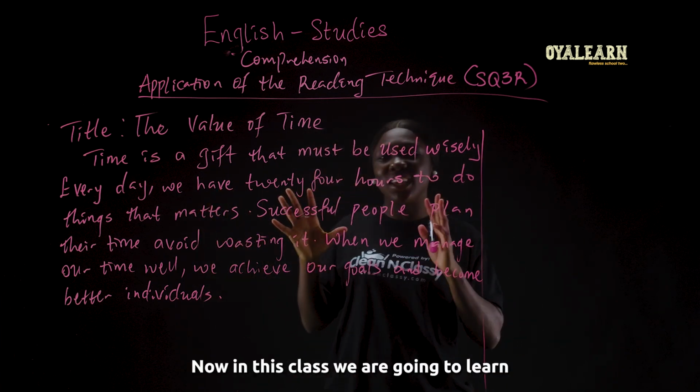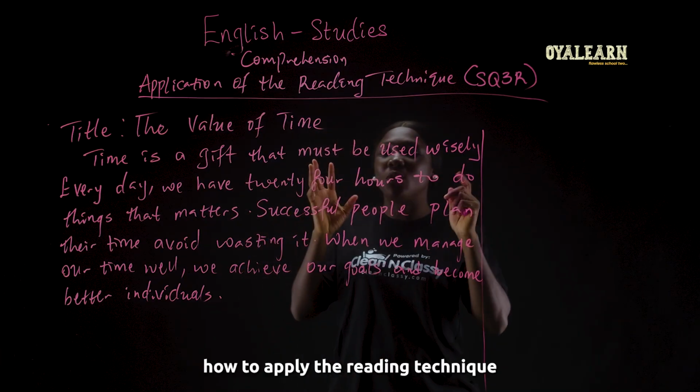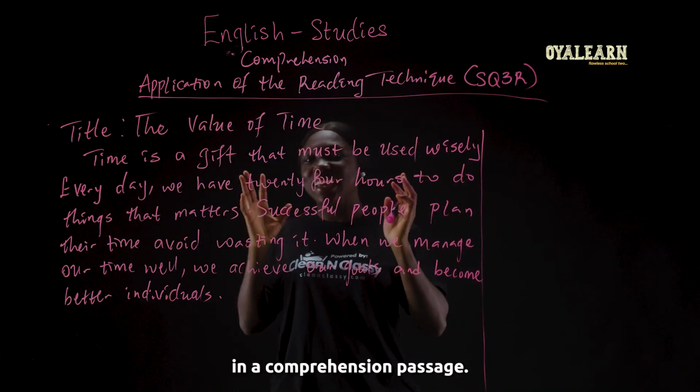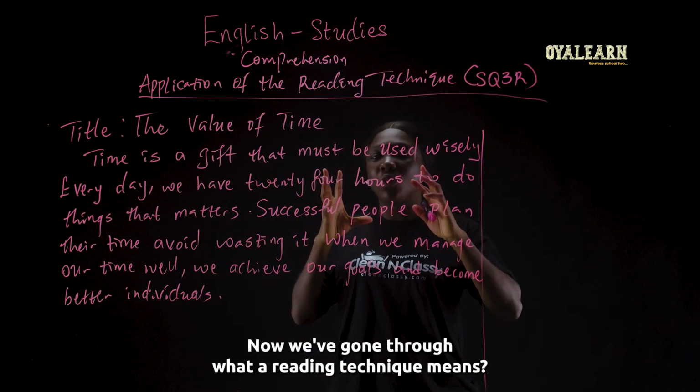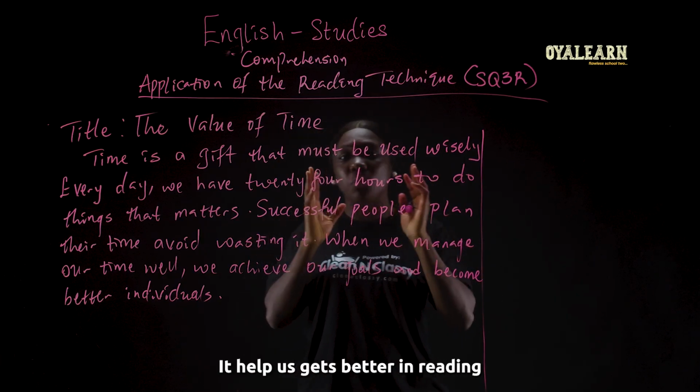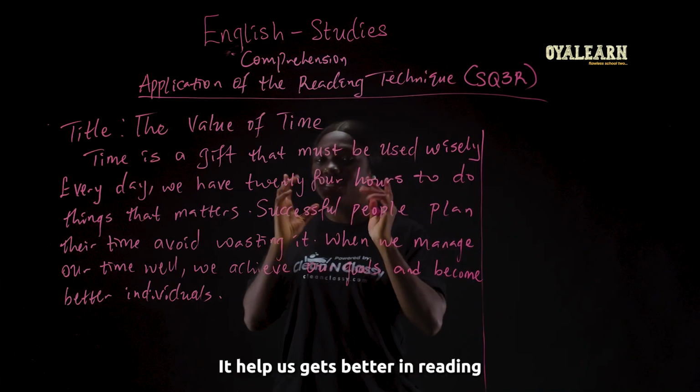Now in this class, we are going to learn how to apply the reading technique in a comprehension passage. Now we've gone through what a reading technique means. It helps us get better in reading.